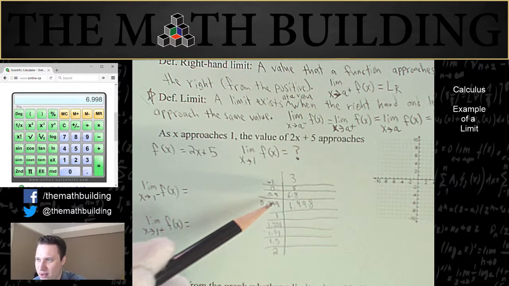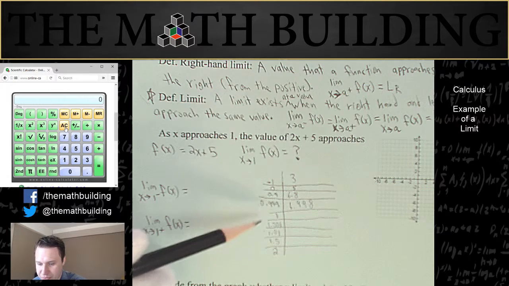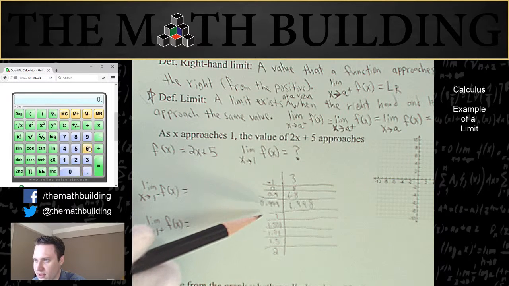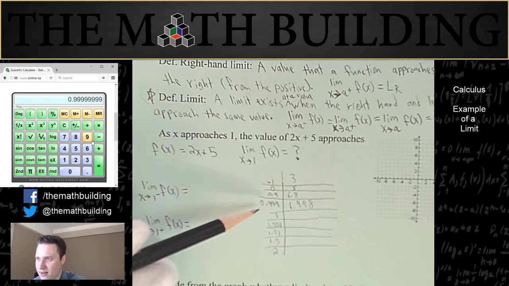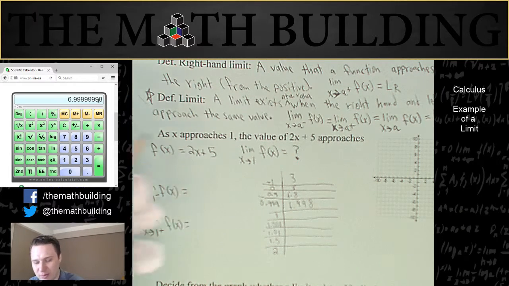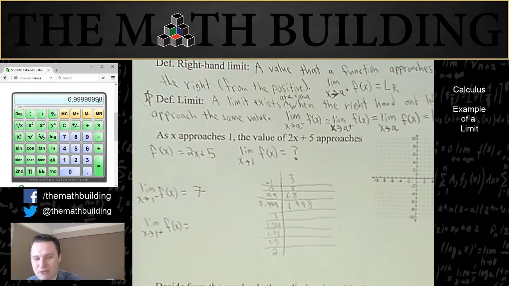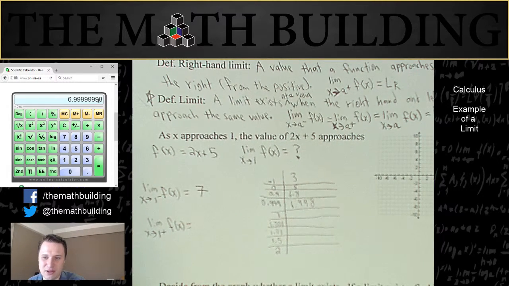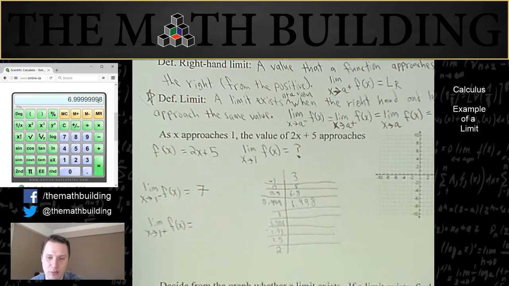I'm not going to write it down. Let's do 0.99999 because we're approaching 1. Times 2 plus 5 is equal to 6.9999998. Based on this, it appears that the limit we're approaching from the negative side is equal to 7. That's what it looks like we're approaching.